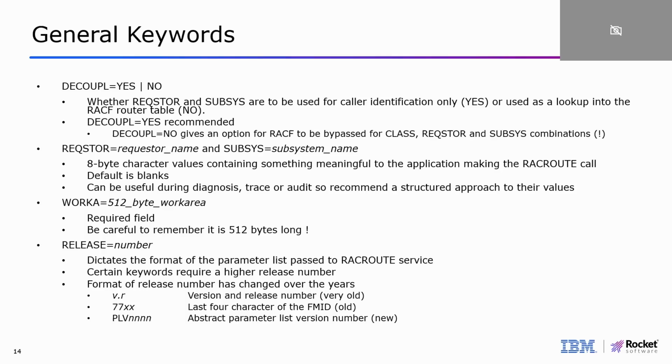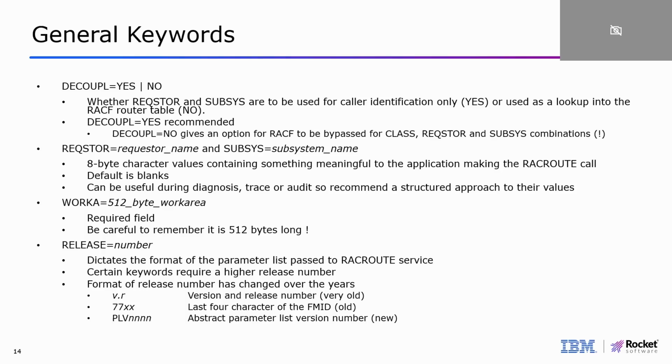And you'll need to specify to RACROUTE what format of the parameter list you are passing to RACROUTE. So it's the RELEASE keyword. Other modern macros in IBM space have things like PLISTVER and stuff like that. But in RACROUTE, it's RELEASE equals. And certain keywords that you specify on RACROUTE require a higher release number, a higher version number for the parameter list. And there are 3 formats for this.